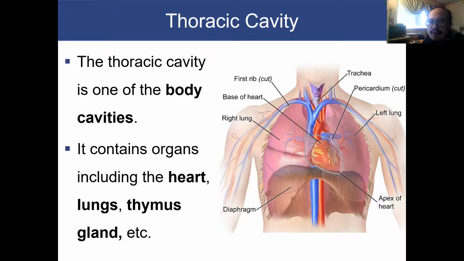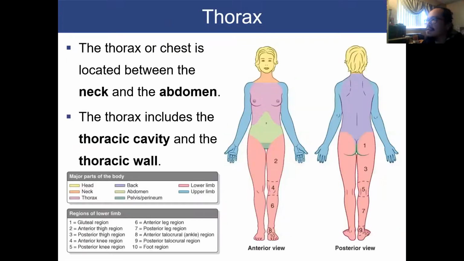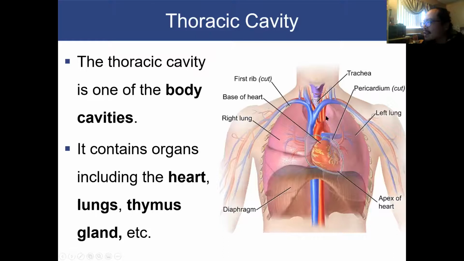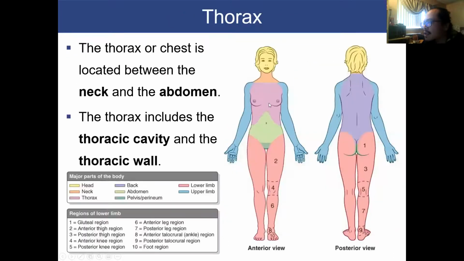And then a quick review of our body parts. This is the thorax, and that's why we call this the thoracic cavity. The thorax is between the neck and the abdomen. This is the abdominal cavity, and the head, upper limbs, lower limbs.